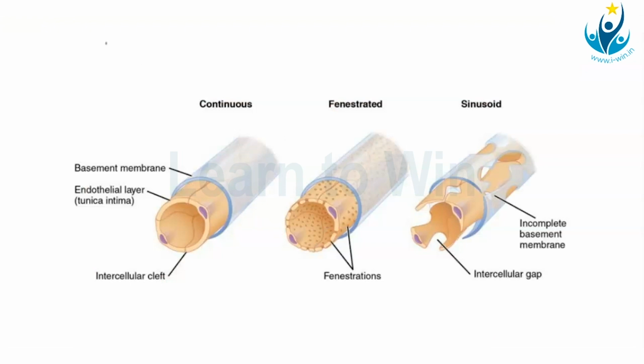Now, capillaries are of three types: the continuous ones, the fenestrated ones, and the sinusoid ones. If you can see, these are the walls of the capillary. This is the lumen, the white transparent layer is the basement membrane, and the yellow structures are the endothelial cells.